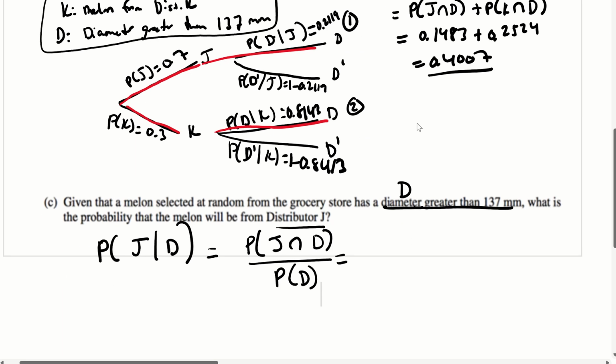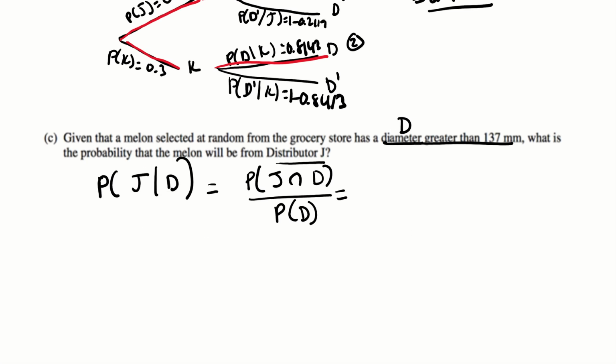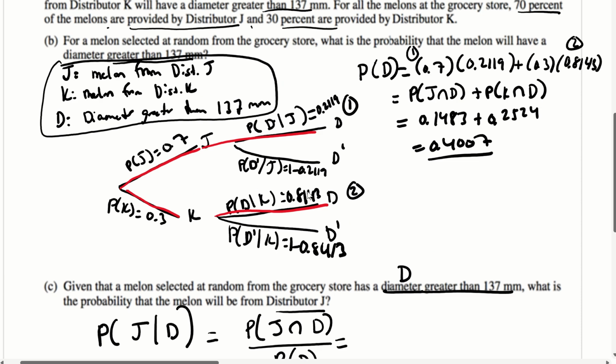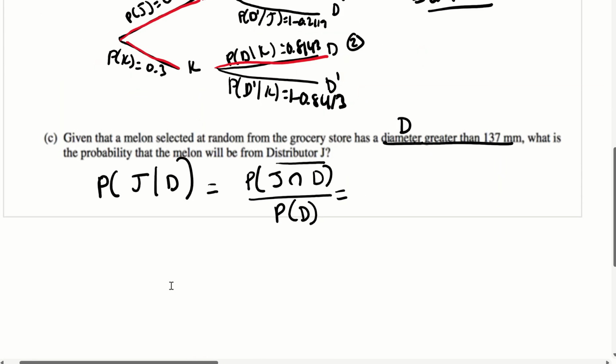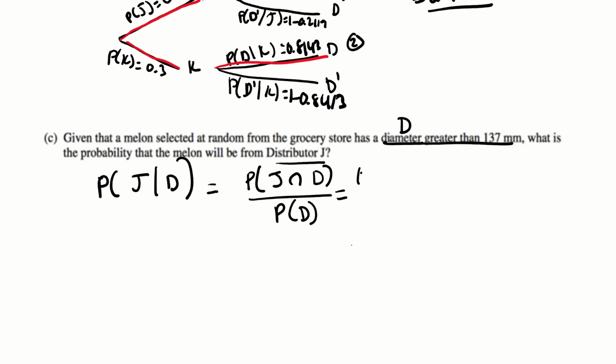So we don't have to do that again. And we know J and D comes from the tree diagram. So J and D, which is this first part, 0.7 times 0.2119, right? And we know, yeah, so we can do that from the tree, okay?